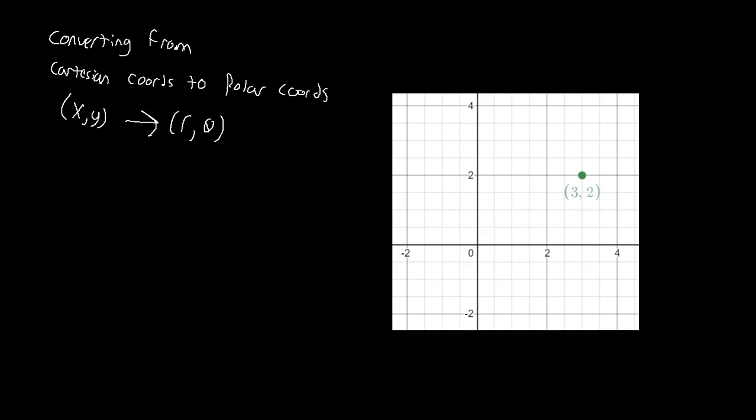So this example, right, we have the point 3, 2. Okay, and I think it's easiest to think about this using the trigonometry of right triangles that we've talked about so far. And so what I'm going to do is draw a triangle that has this point as one of the vertices, the origin as one of the vertices, and then draw a line straight down parallel to the y-axis to make a point there.